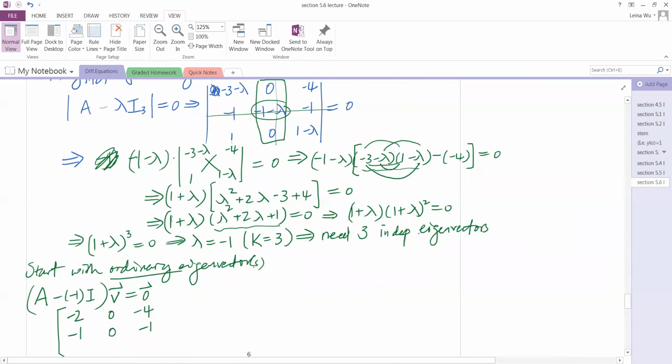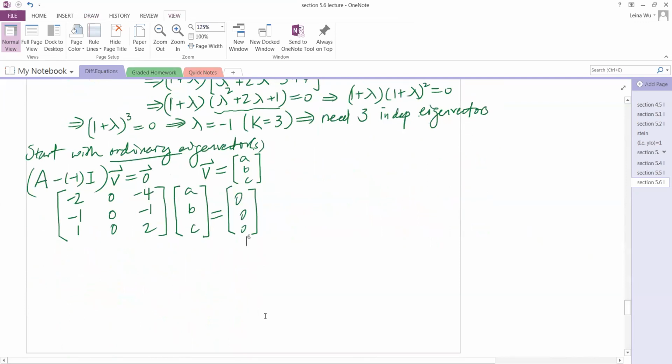And thirdly, we have 1, 0, 1 minus -1, which is 2, times my eigenvector v, right? Now this is a 3 by 3 matrix, so the eigenvector should have 3 components. Let's call them A, B, C. So A, B, C equals the 0 vector. Good so far?